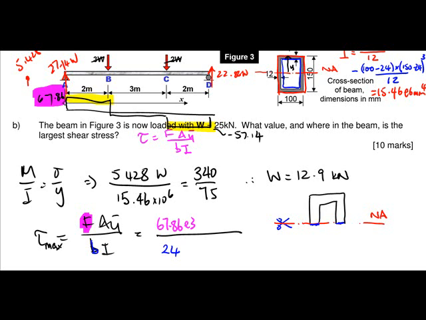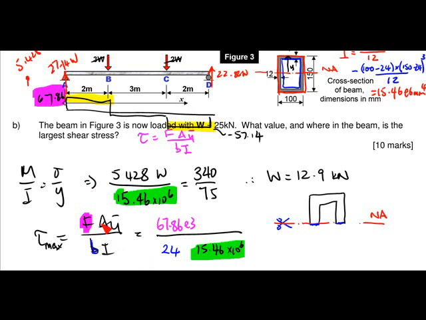For F A y bar over B I, I is the value we've calculated before, 15.46 times 10 to the 6 for the whole beam. That leaves us with the A y bar.